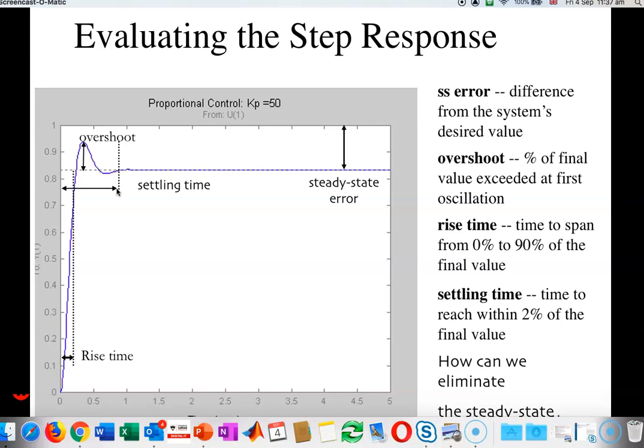It doesn't wobble, it doesn't go up and down anymore. Okay, so there are 4 parameters we tend to use to measure a system response, and we use a step input of 1 as our input. In practice, your input may not always be a step signal, but we use that as a design measure.